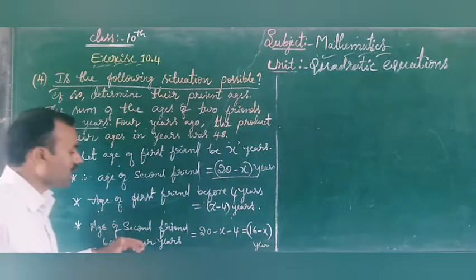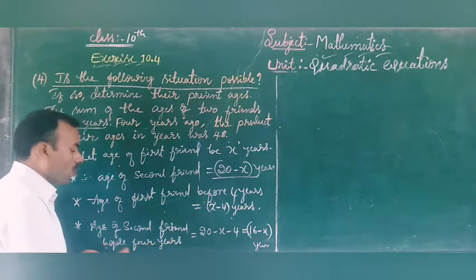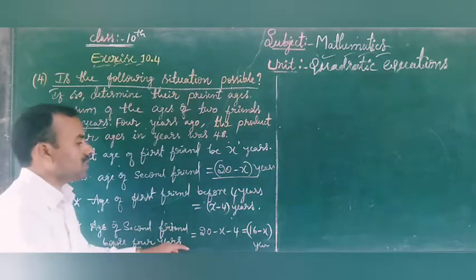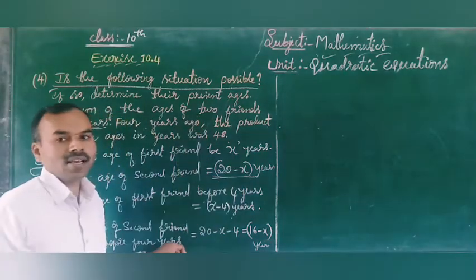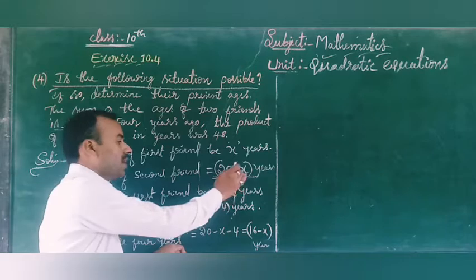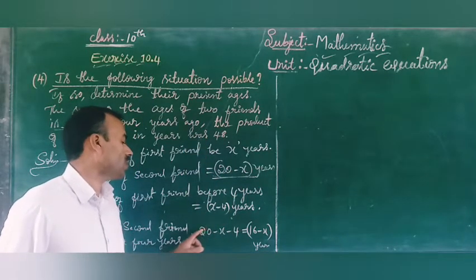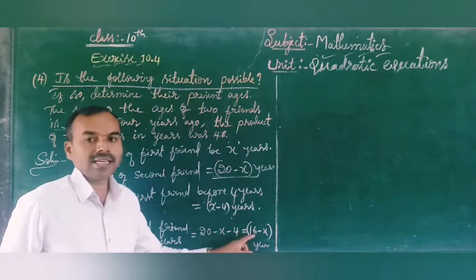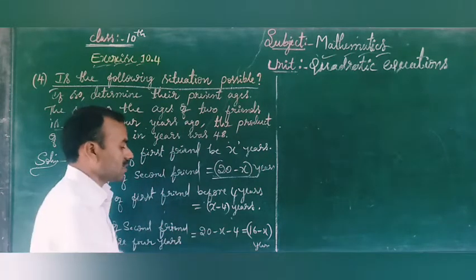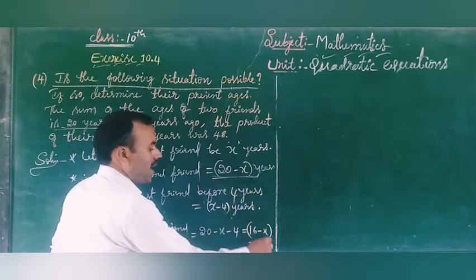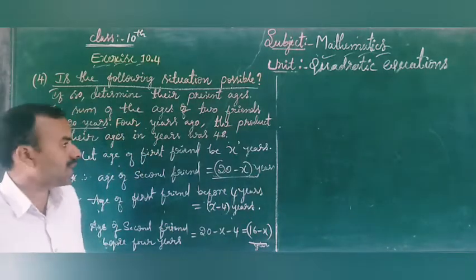Next, the age of the second friend before 4 years: the present age is 20 minus x, and subtracting 4, 20 minus x minus 4 equals 16 minus x years.